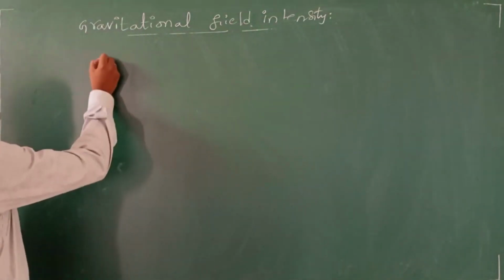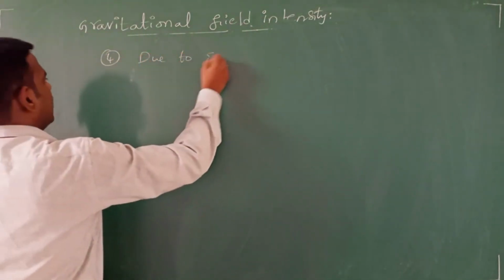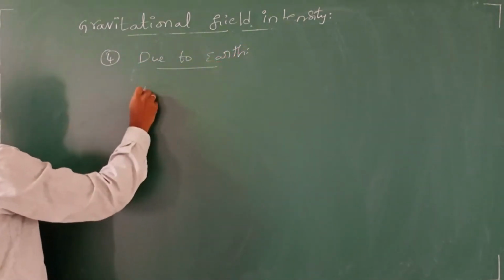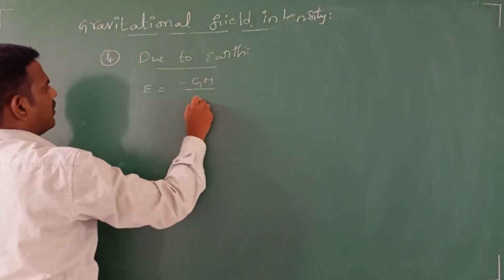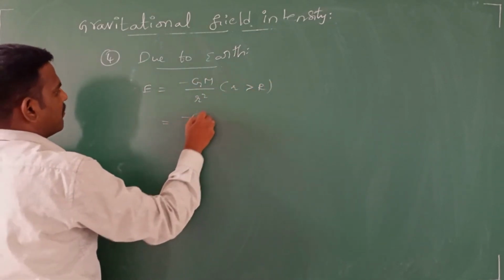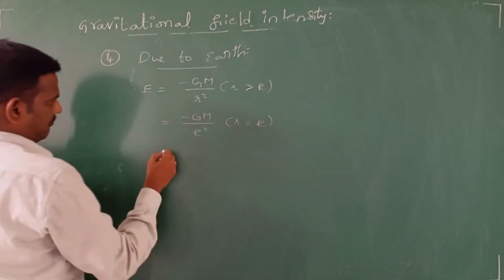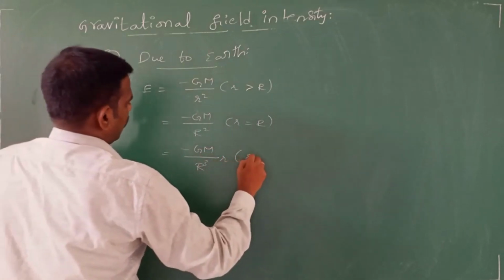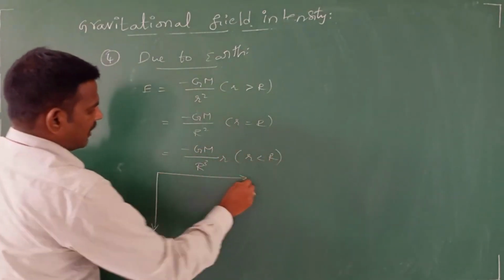So the gravitational field intensity due to Earth at an outside point is minus Gm upon r square for r greater than capital R, upon the surface minus Gm upon capital R square for r equal to capital R, and minus Gm upon R cube into small r for r less than capital R. So like this we'll have it.